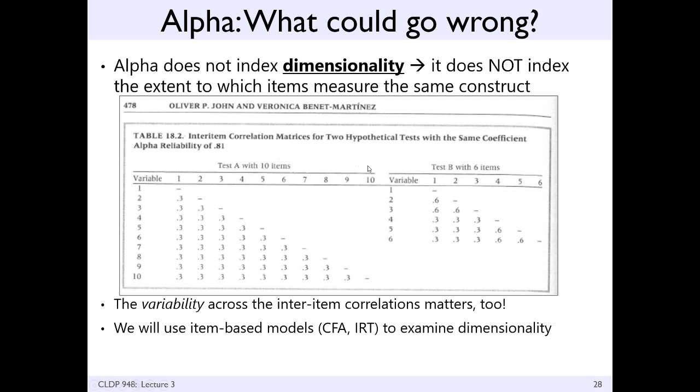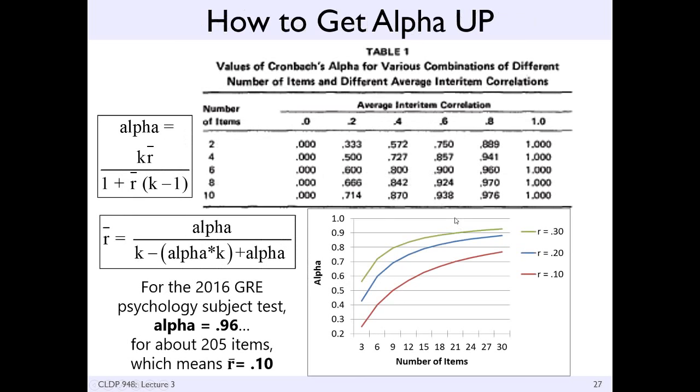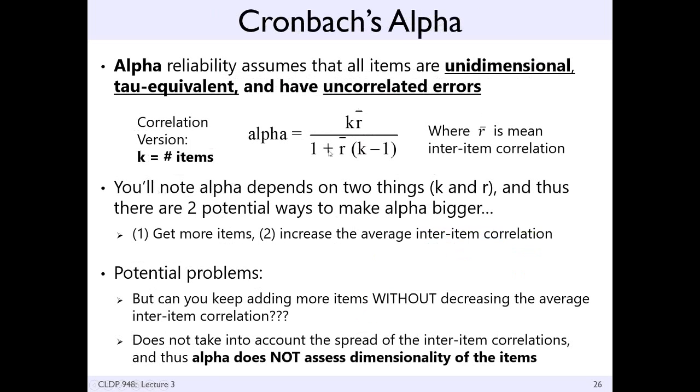So what's missing from alpha and the reason that it can't indicate multidimensionality in the formula? We have the average inter-item correlation, but there's nothing in here that captures the variability across those inter-item correlations. It's an average, but we don't know where that average came from.